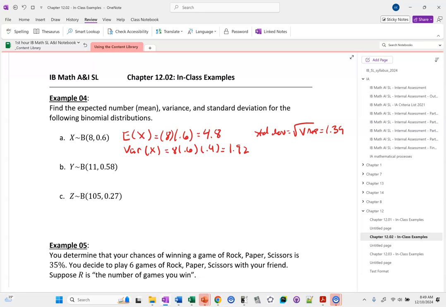All right, who's going to tell me the expectation for part B?